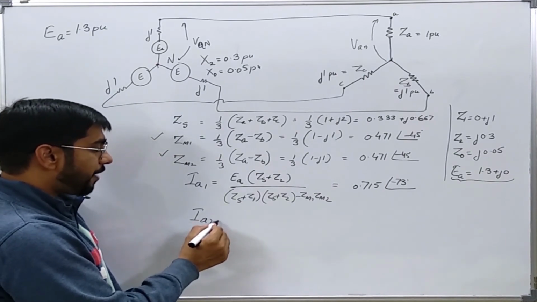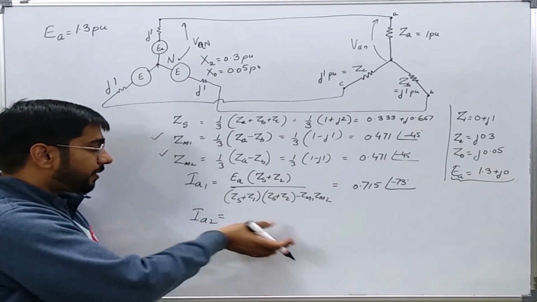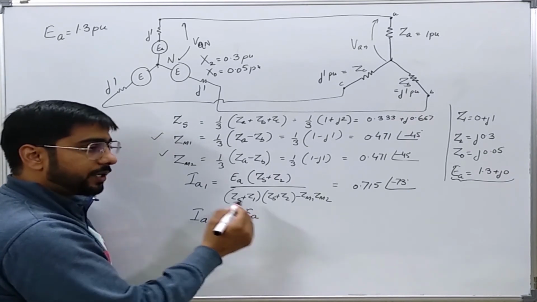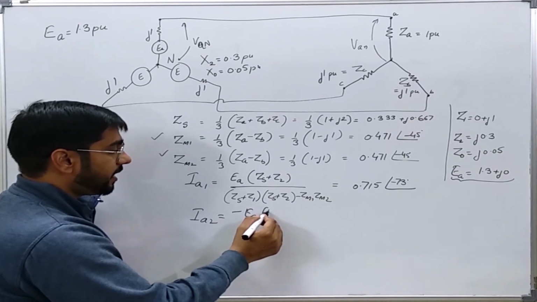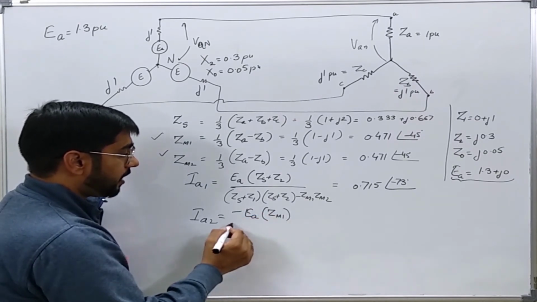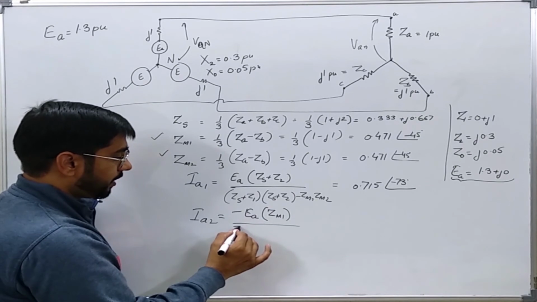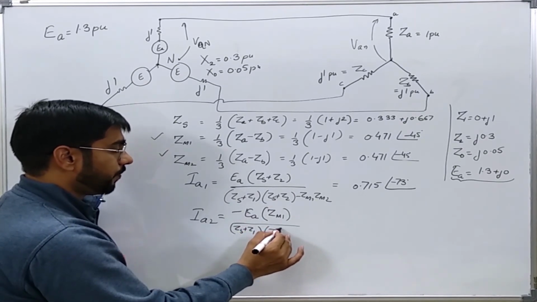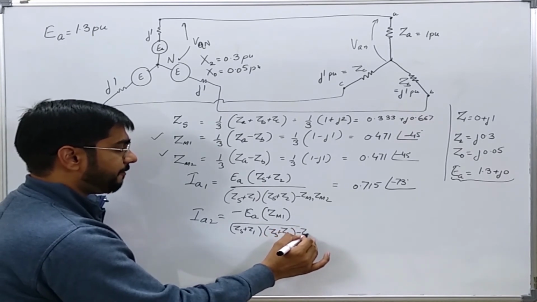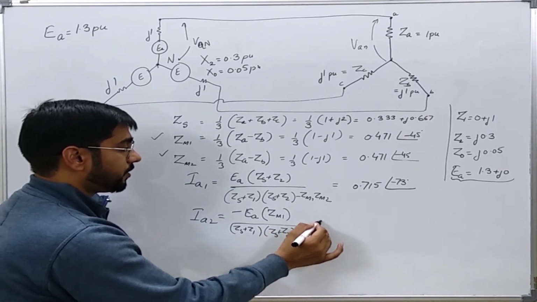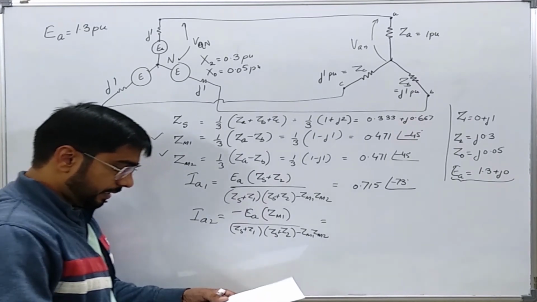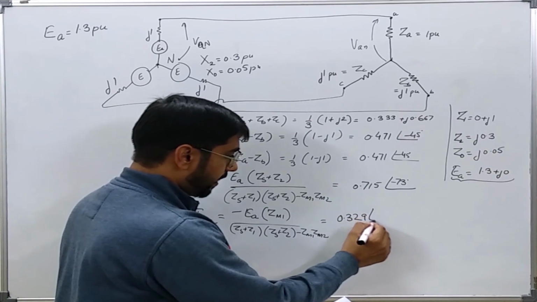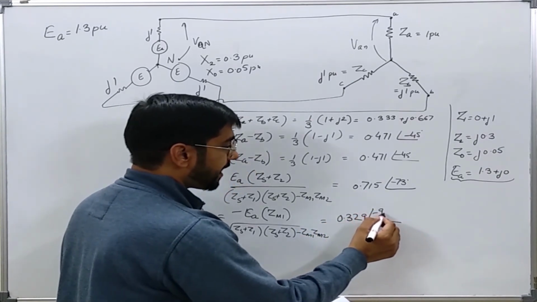IA2, although I have not derived the final value, I will write it directly here. I have left it for the student. It is minus EA Zm1, and the denominator is the same, (Zs plus Z1)(Zs plus Z2) minus Zm1 Zm2. So it comes out to be 0.329 angle minus 9 degrees.